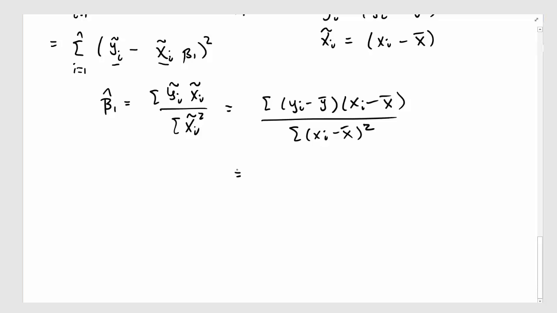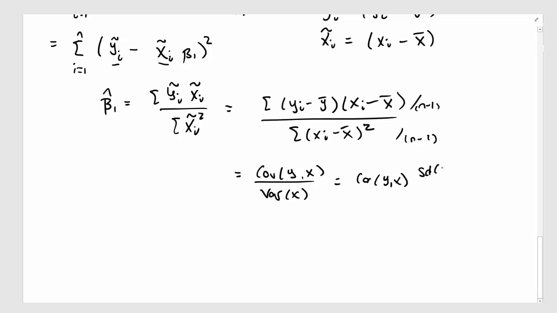Thus, I can divide both the numerator and the denominator by n minus 1. And this works out to be the covariance between y and x divided by the variance of x, which I can write as the correlation between y and x times the standard deviation of y over the standard deviation of x.